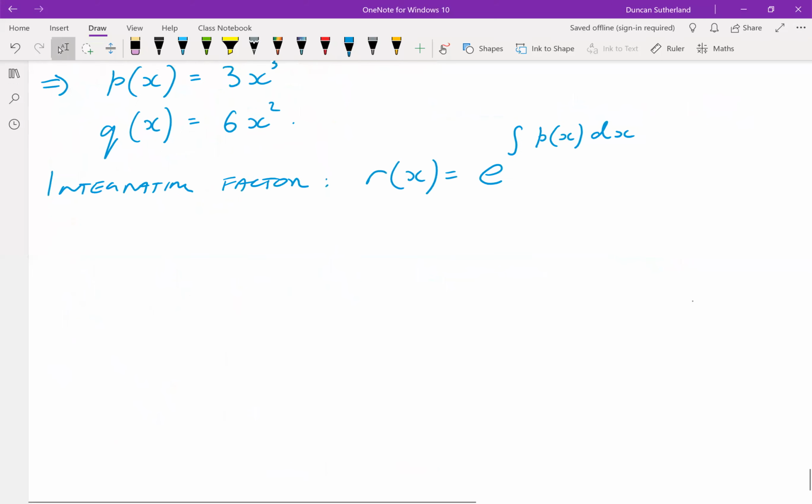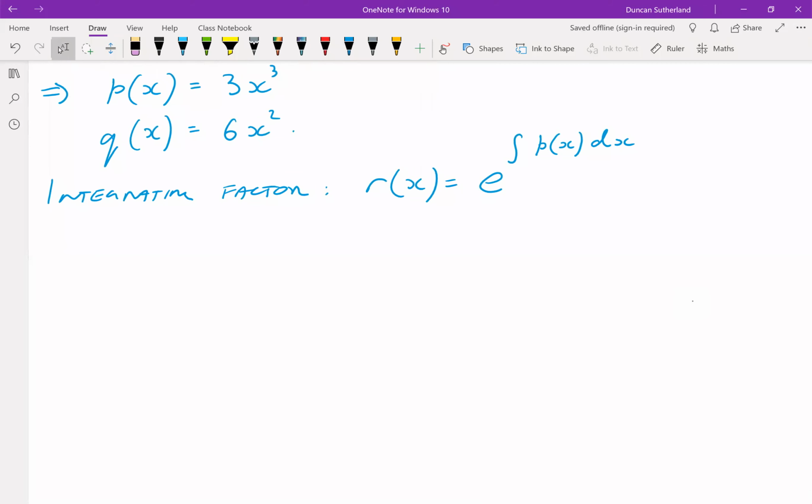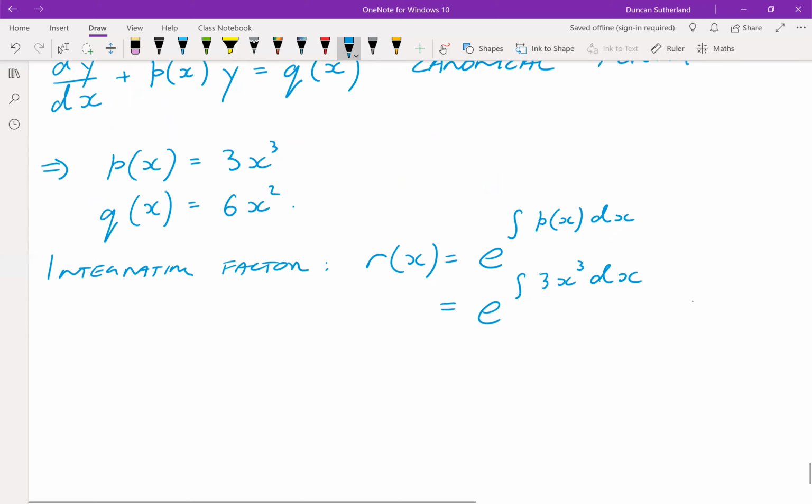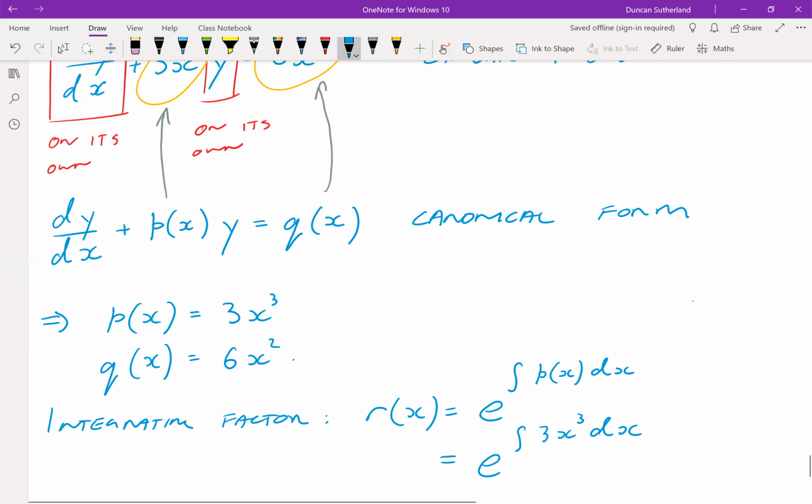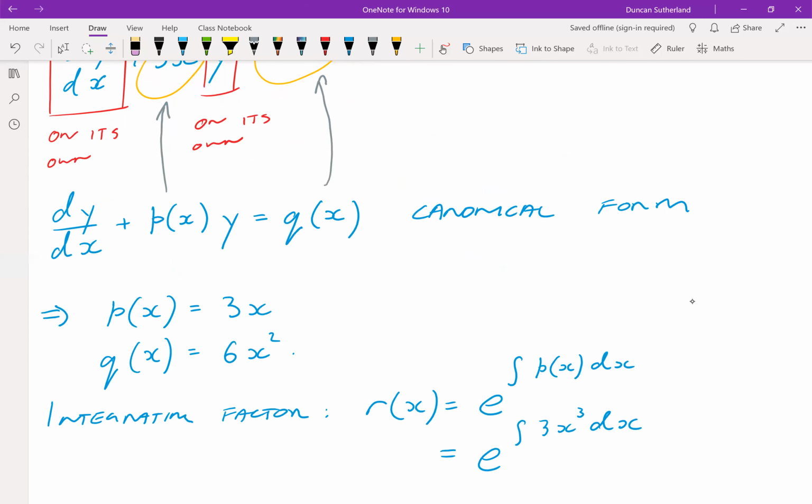So I'm going to scroll up now. And I'm going to work out what this actually is, because we know what p is. So that's e to the integral 3x cubed dx. Oh, oops, I've made a typing error. That should just be a squared.